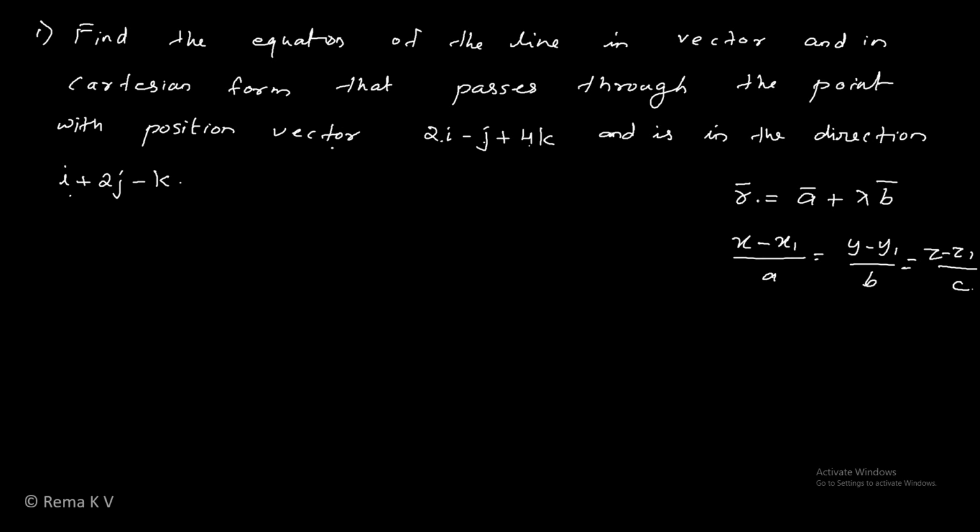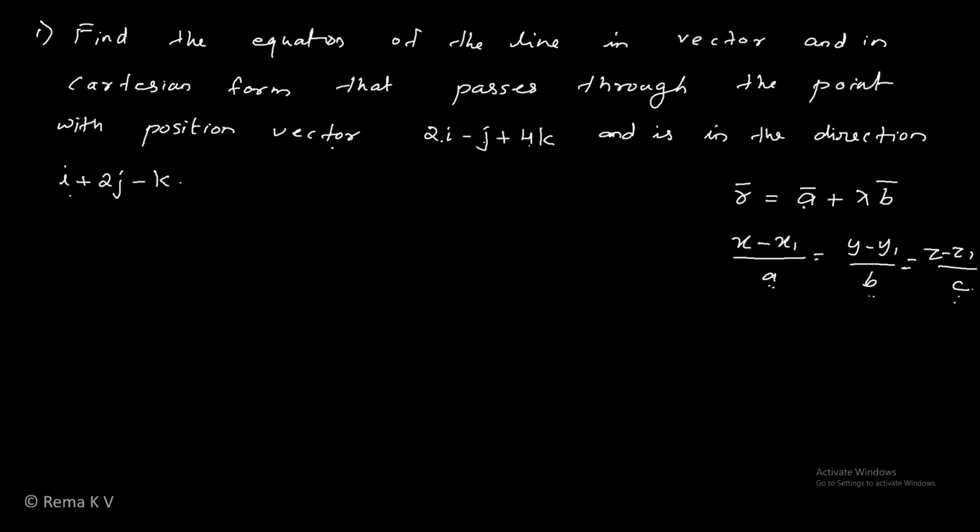So you have to remember this: x1, y1, z1 is the point through which the line passes, and a, b and c are the direction ratios of the vector which is parallel to the given line.